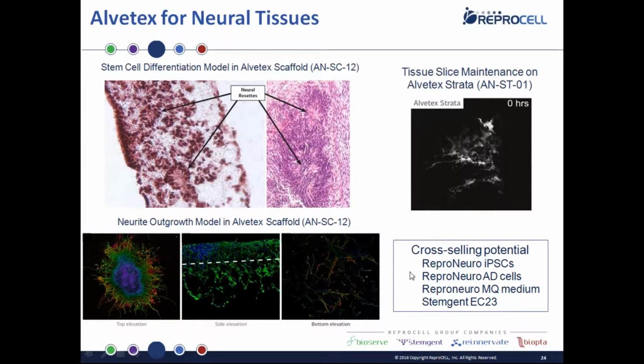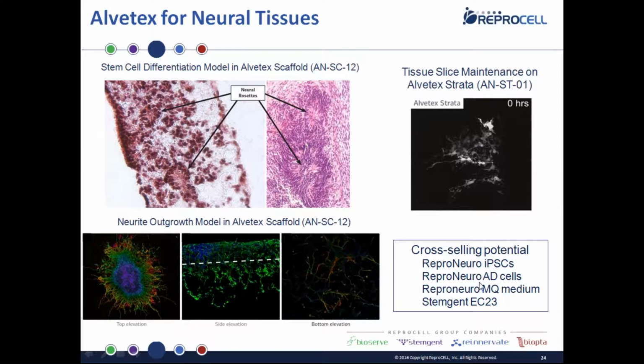Now, this has got a good cross-selling potential within our mother group, because obviously we are part of REPROCELL. REPRONeuros, which are the induced pluripotent stem cells. So customers who are interested in neural tissue might be interested in buying the REPRONeuros.